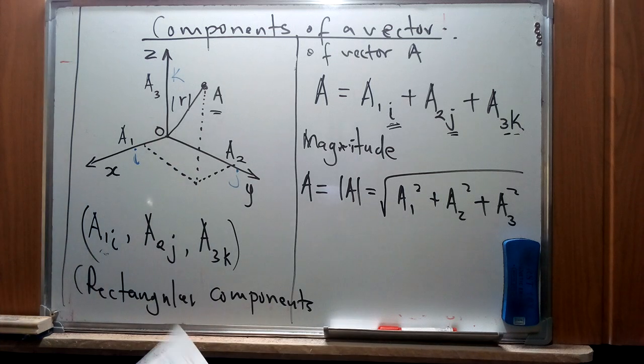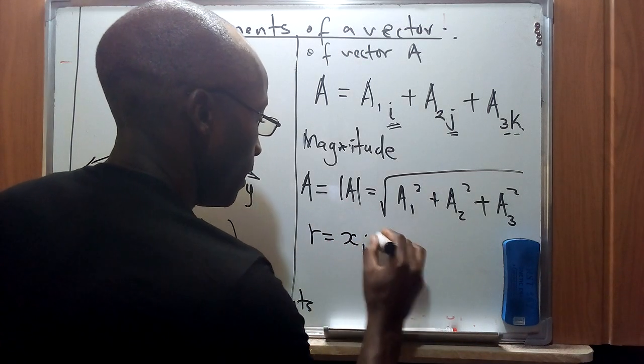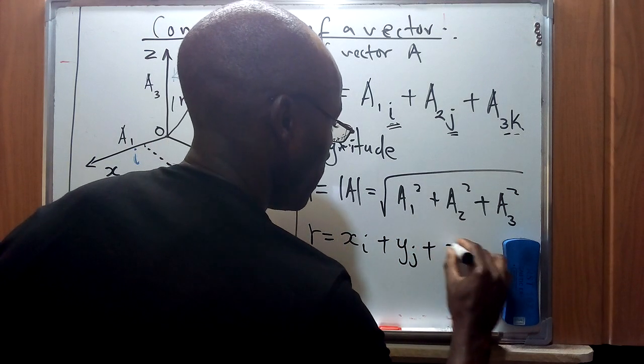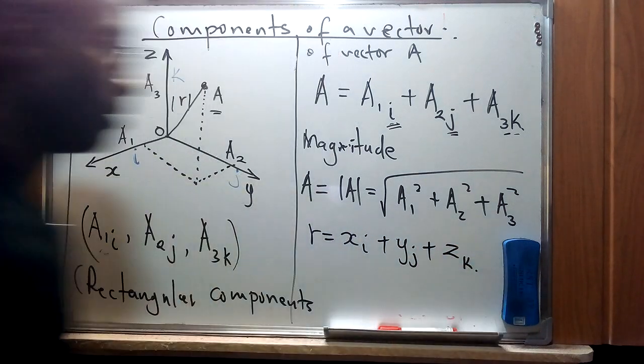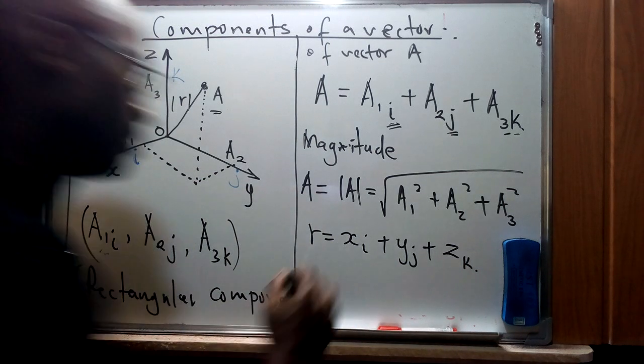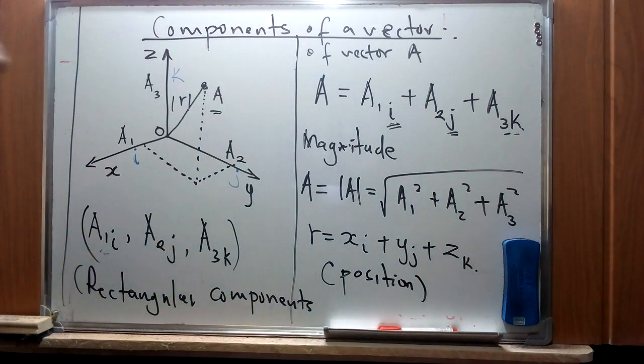So we can represent the general position of that vector using the x, y, and z direction by indicating that R equals xi plus yj plus zk. So that is the position vector of that particular direction.